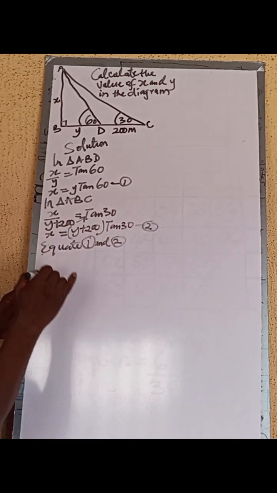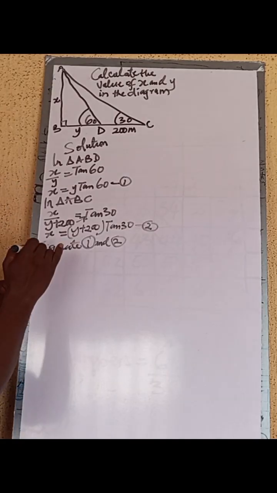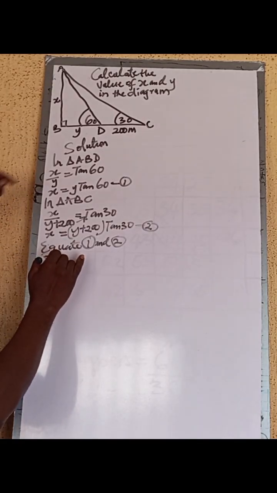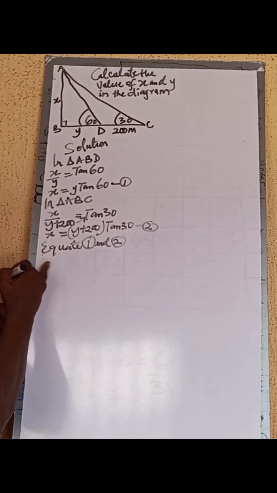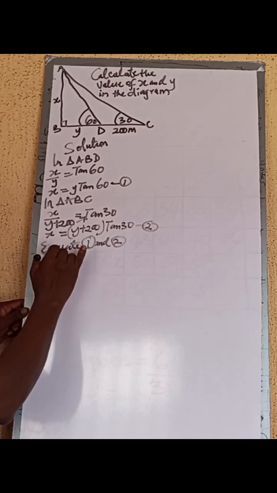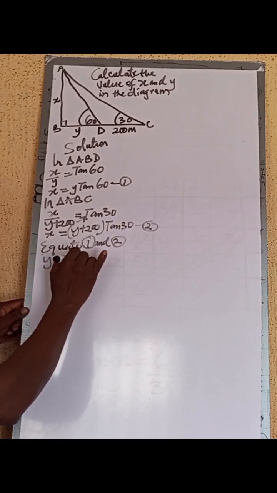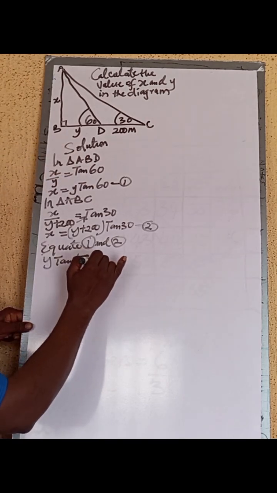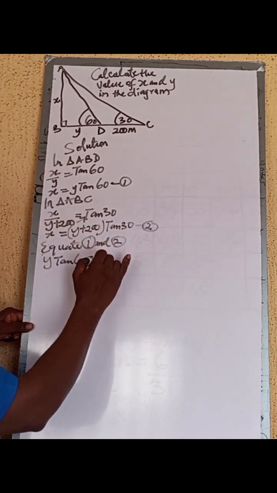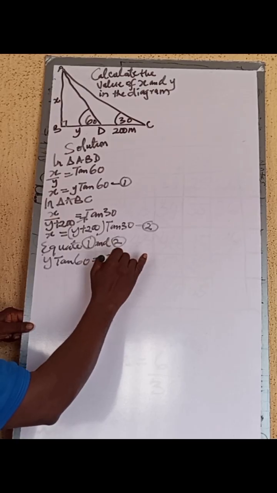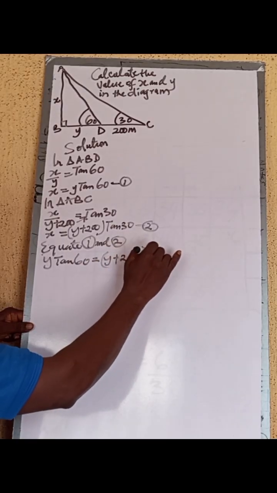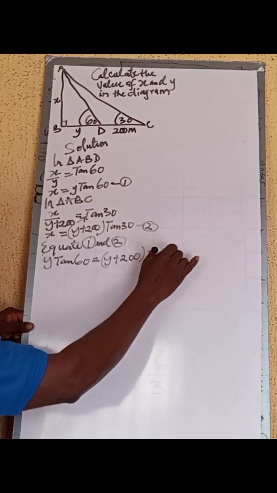That is y tan 60, which is equation 1 here, x, is now equal to equation 2, which is y plus 200, include the bracket, tan 30.